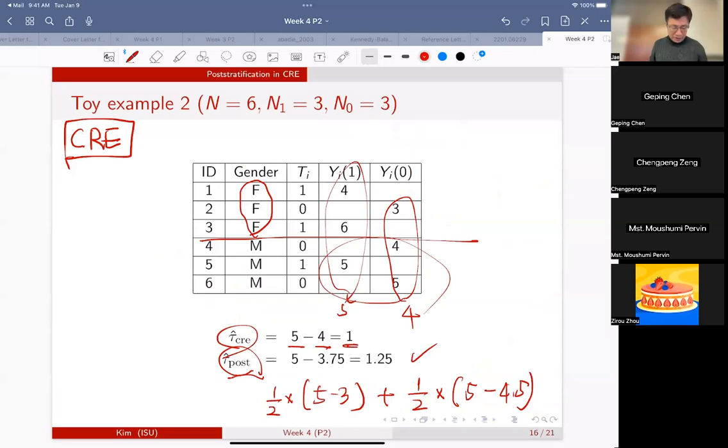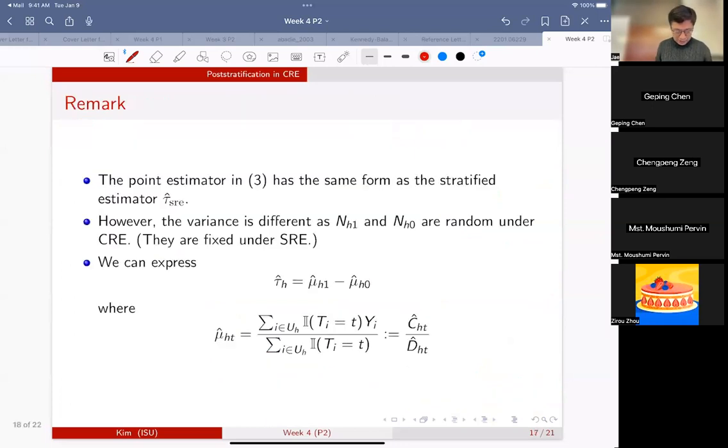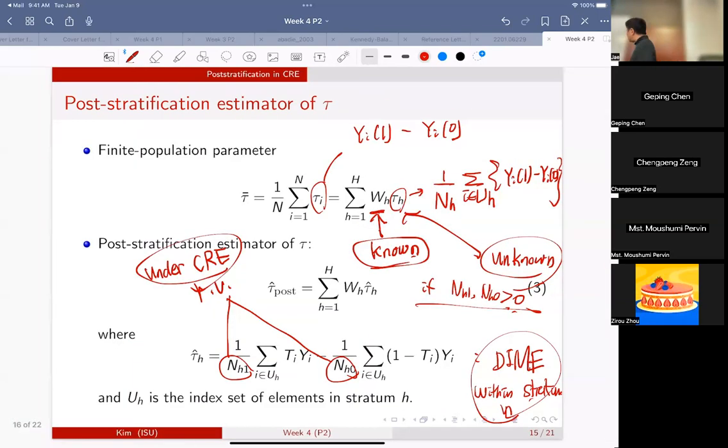So now the next question. The point estimator has the same form as the stratified estimator. So in terms of point estimation, there's no difference between the stratified estimator and the post-stratified estimator.